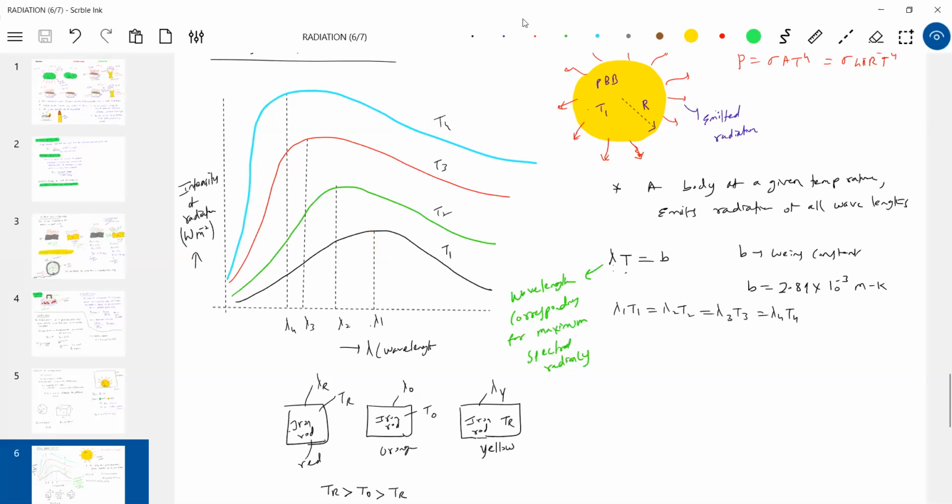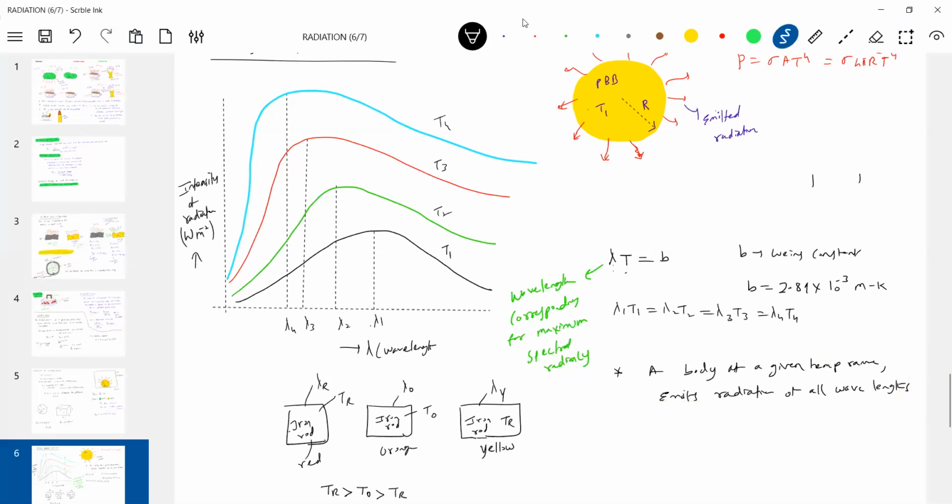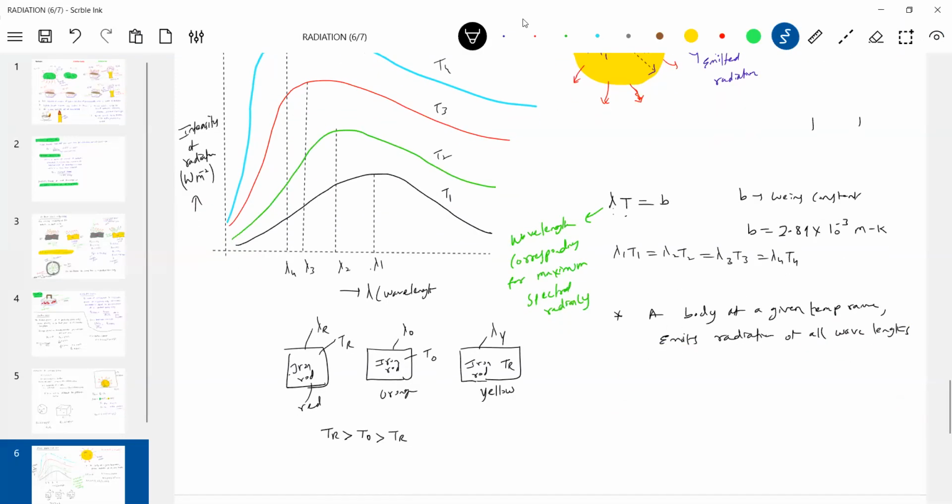So next point, I think all the points will be put at one place. Next one. Area under the curve is proportional to total energy radiated by a body.